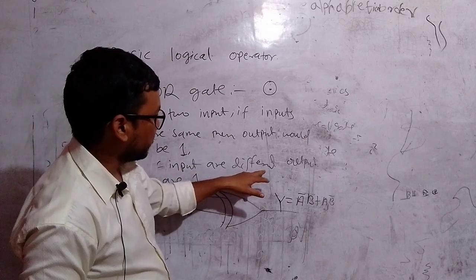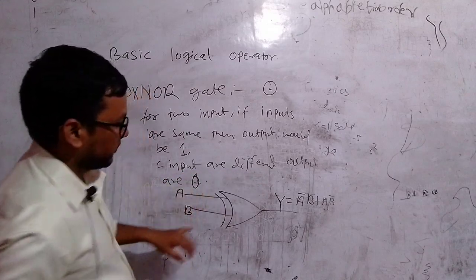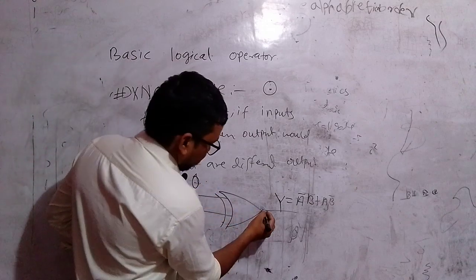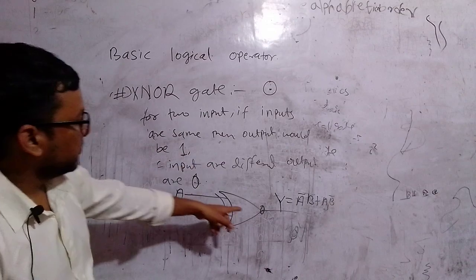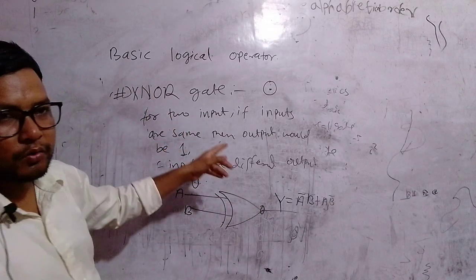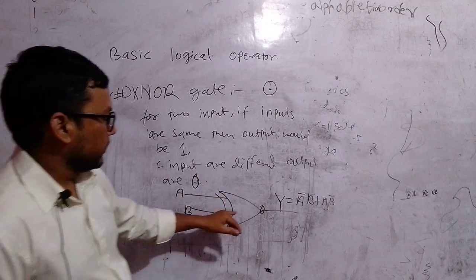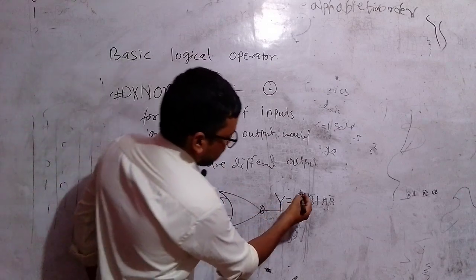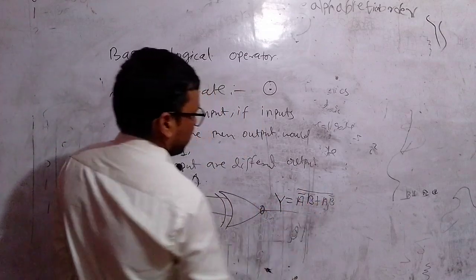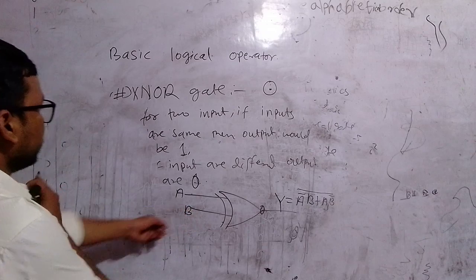If the inputs are different, the output would be 0. Now this is the reverse. The negative, or inverse, of XOR would be XNOR. If we make the complement of this expression, then it would give XNOR.